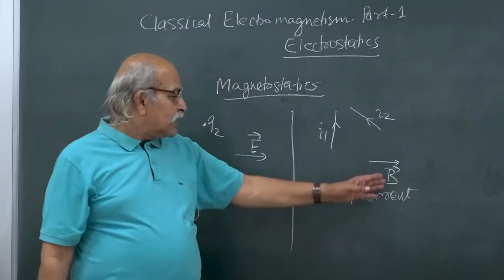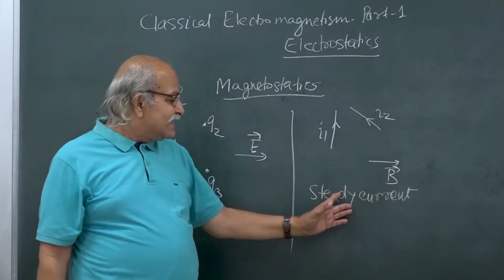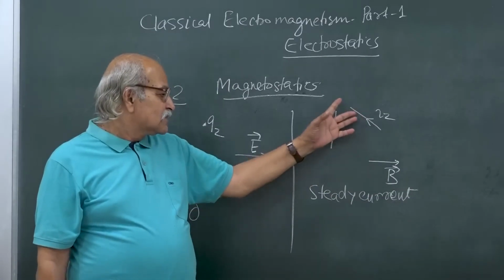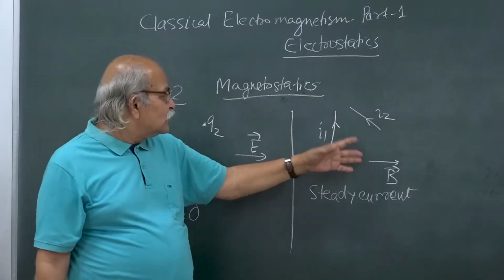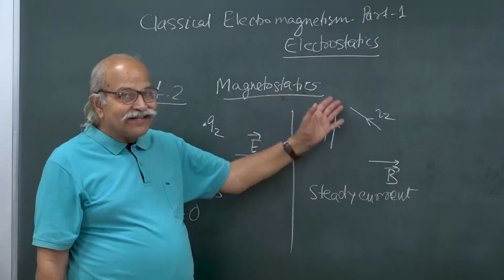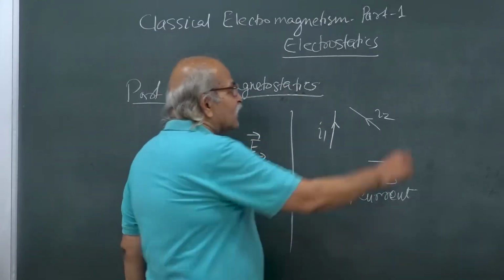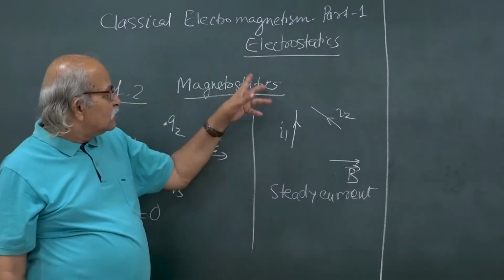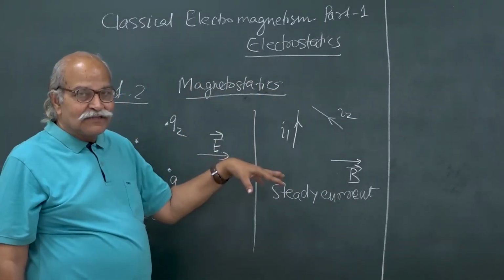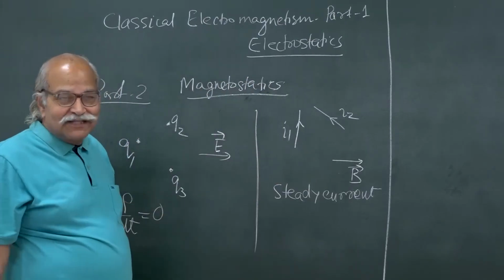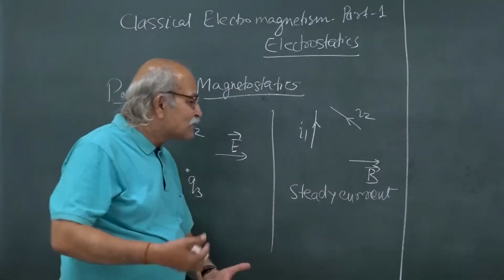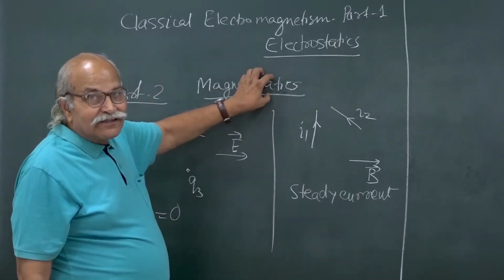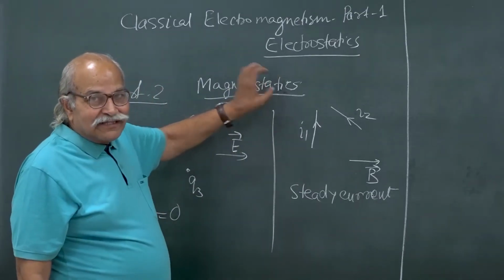So, if the magnetic field is produced by steady currents which is not changing with time, then this area is known as magnetostatics. We will be talking mostly about this magnetostatics in this course, depending on how the course goes and how it evolves. We can do some other things also, but basically it will be focused on magnetostatics.